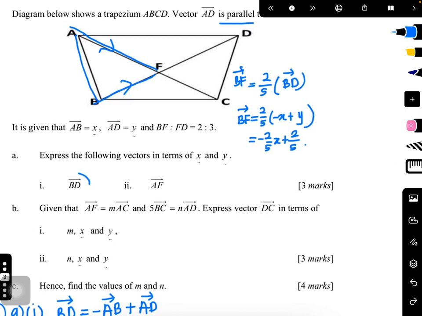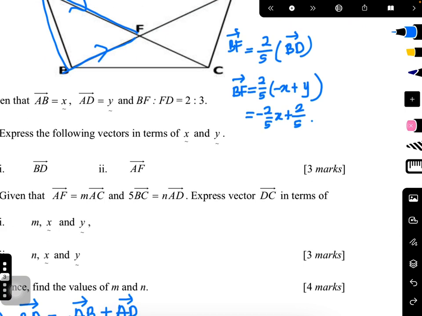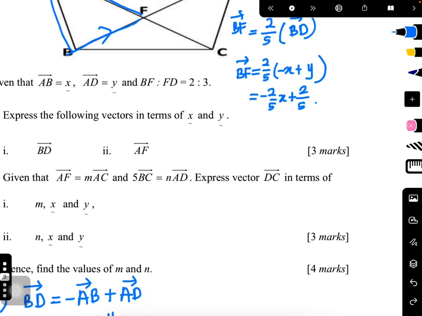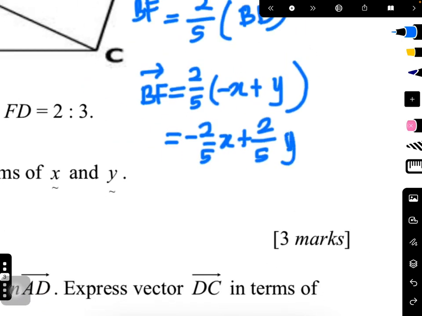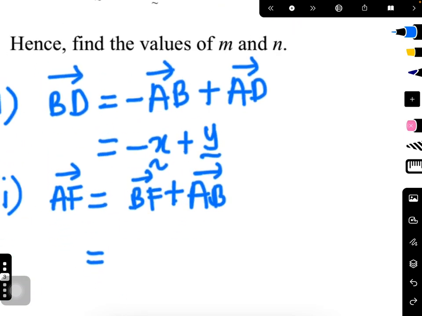We have found it before, so we can just substitute the BD into this equation. So we get that BF equals negative 2 over 5x plus 2 over 5y.